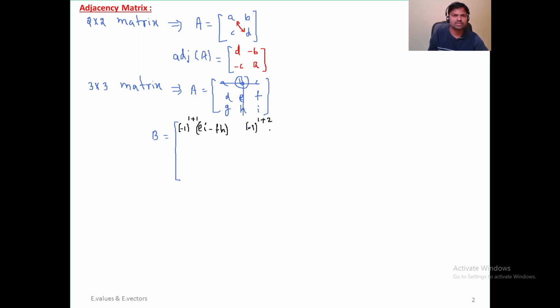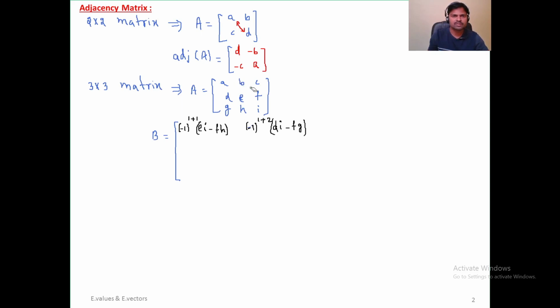Minus 1 whole to the power 1 plus 2, and the determinant is d into i minus f into g.